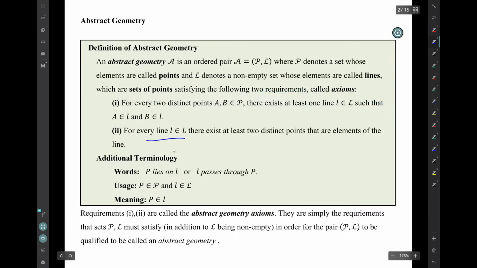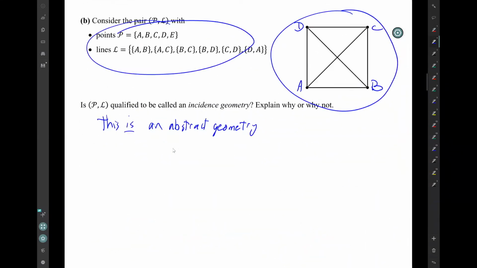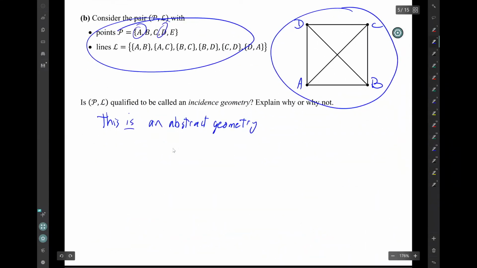And for every line, there exist at least 2 points that lie on that line. So any 2 points in that set lie on at least one line, and any line in the set of lines contains at least 2 points. So this is an abstract geometry.